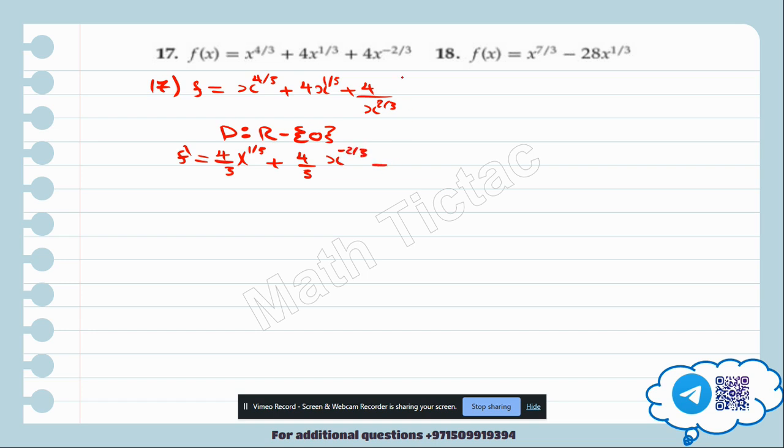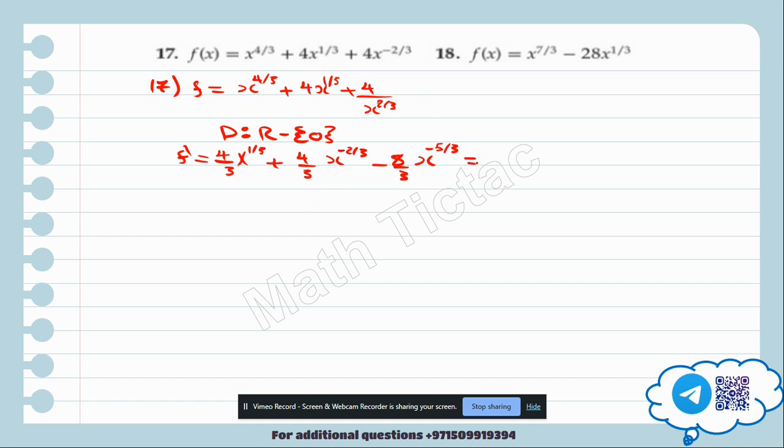Then minus, because I will have minus from this power, minus 2 over 3 multiplied by 4, which is 8 over 3, then x to the power minus 2 over 3 minus 3 over 3 or 1, which is equal to minus 5 over 3.